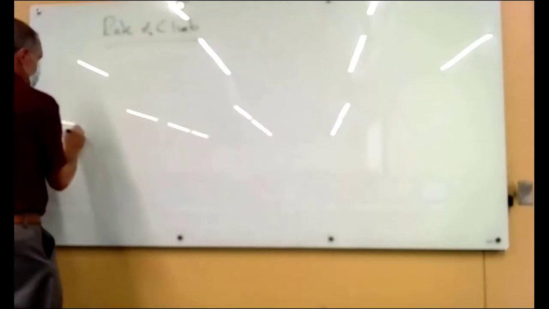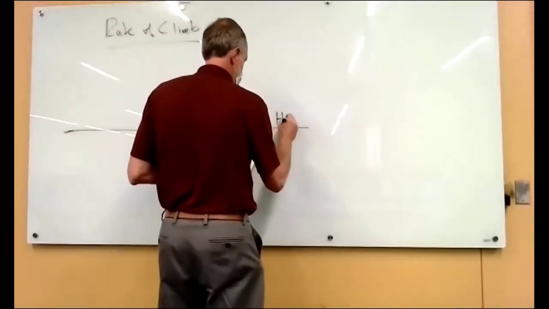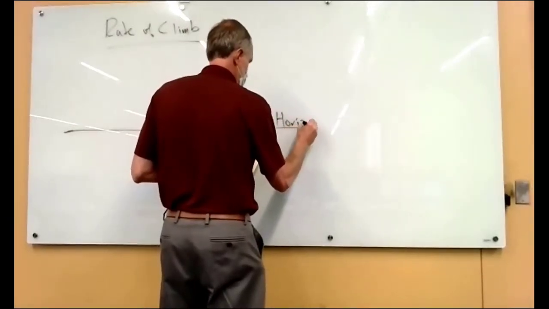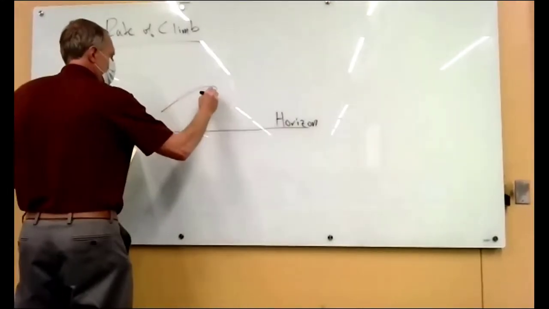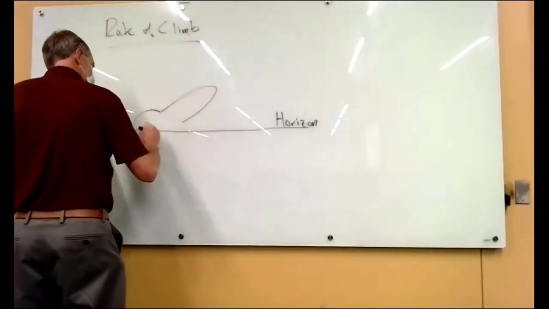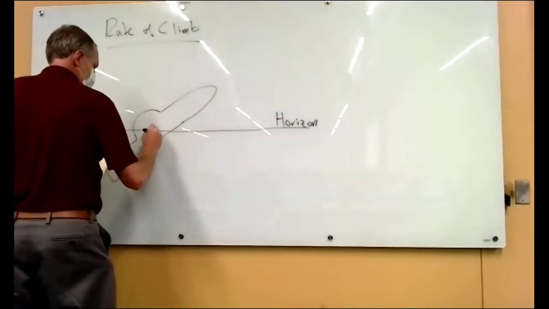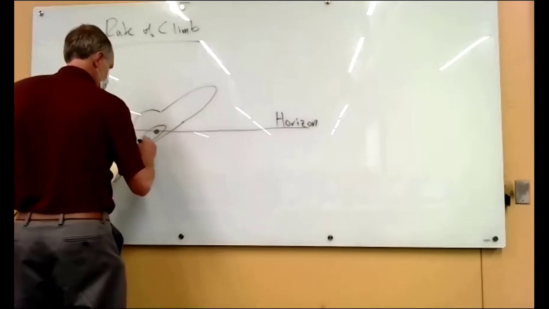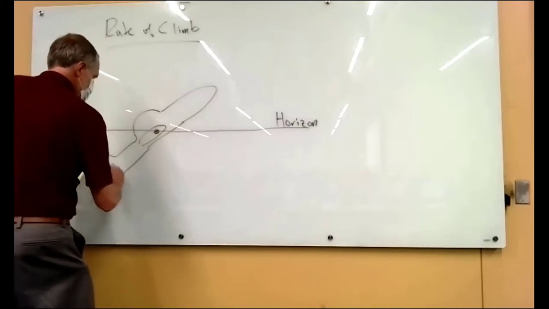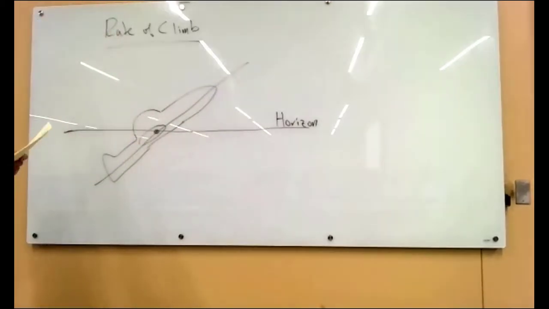So draw your horizon across like this, and draw the airplane up like this. So there's the reference chord line of the airplane in the wing.